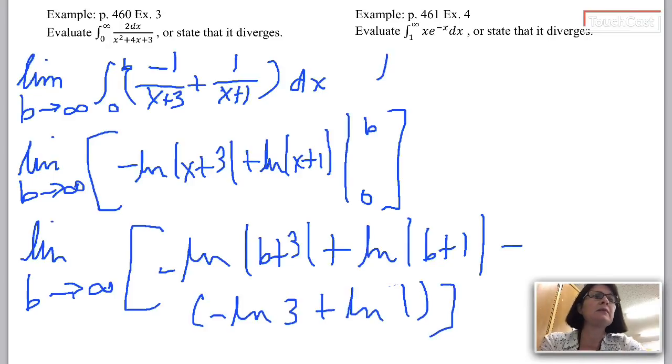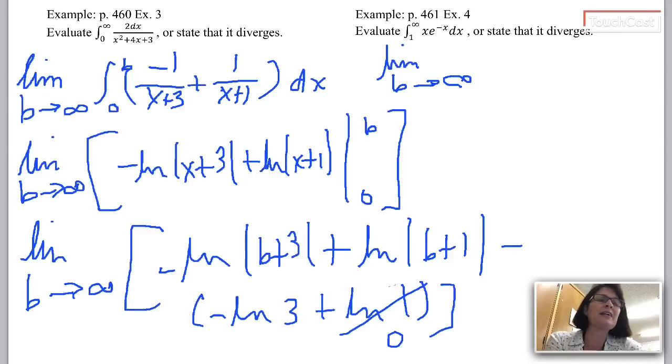That's going to be the limit as b goes to infinity of the negative natural log of b plus 3 plus the natural log of b plus 1, plus natural log of 3 minus natural log of 1, which is 0. Natural log of 1 is 0.